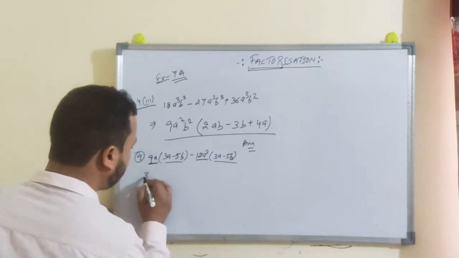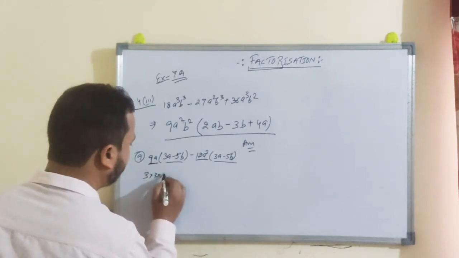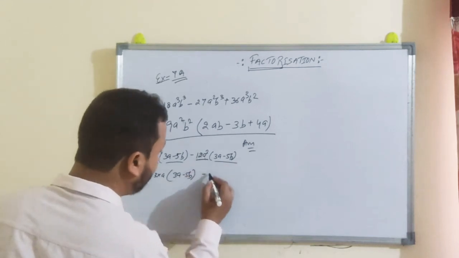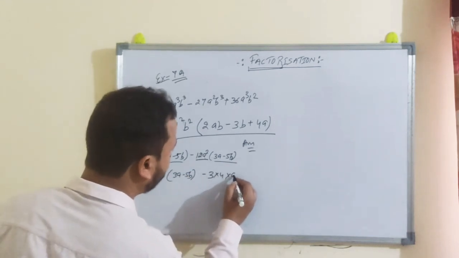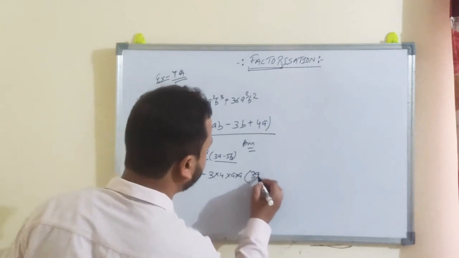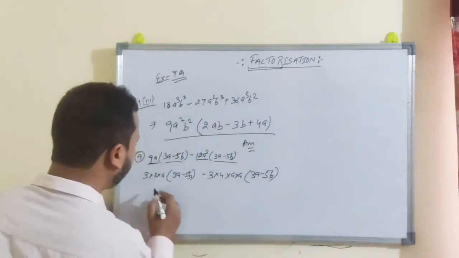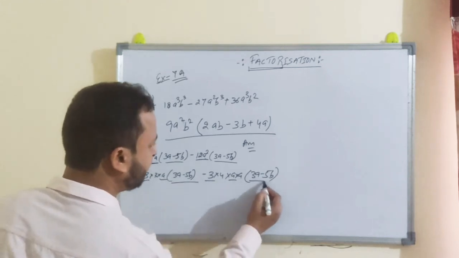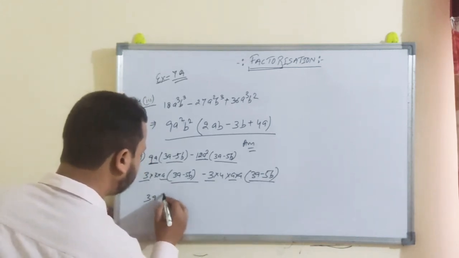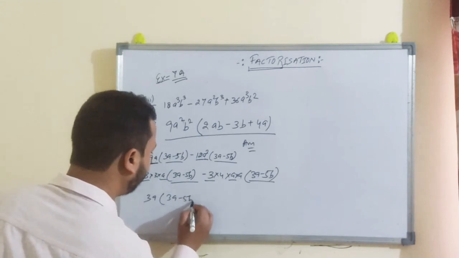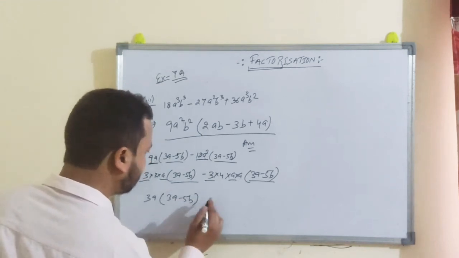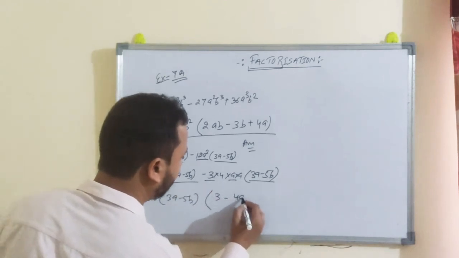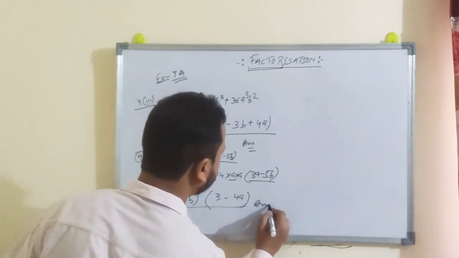So you can write it as 3 into 3 into a, 3a minus 5b minus 3 into 4 into a and 3a minus 5b, right? So here this 3 is common, this a is common, and this part is common. So you can write it as 3a minus 5b. This thing is common, you will be left with what? 3 minus 4a. This is your answer.